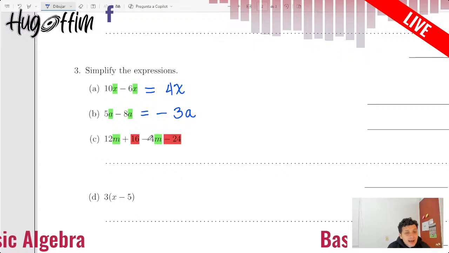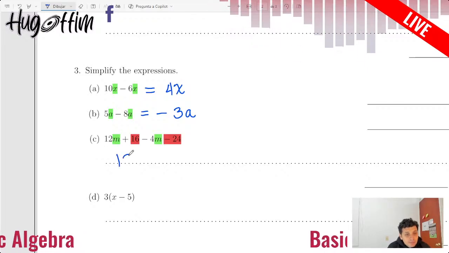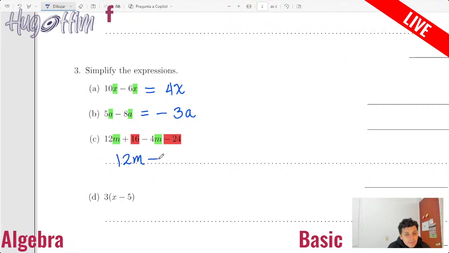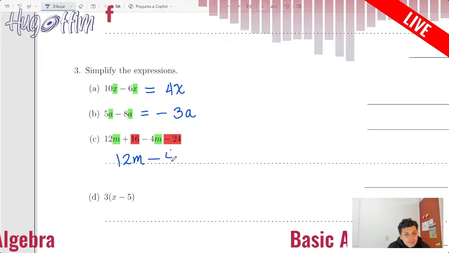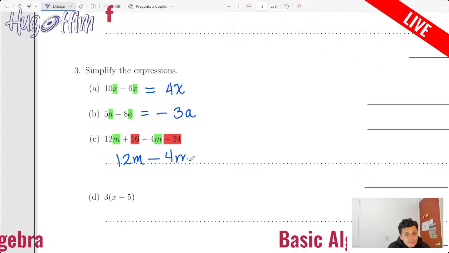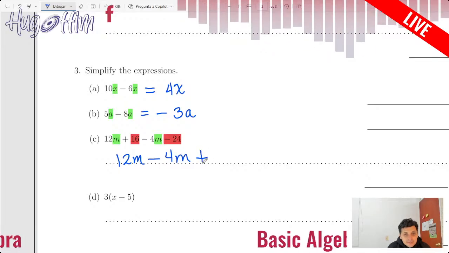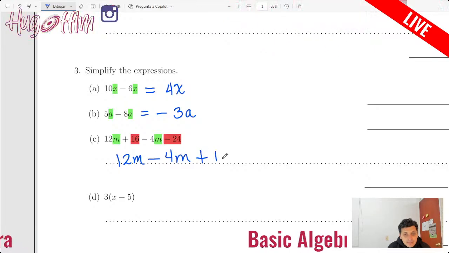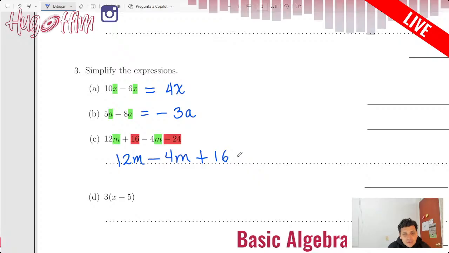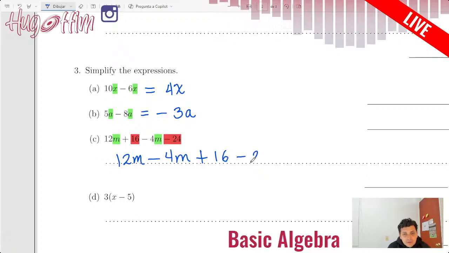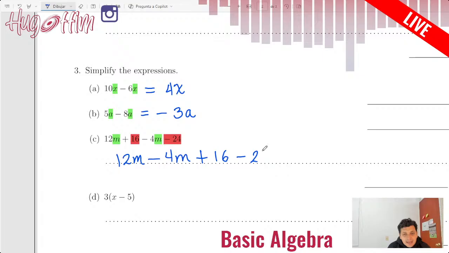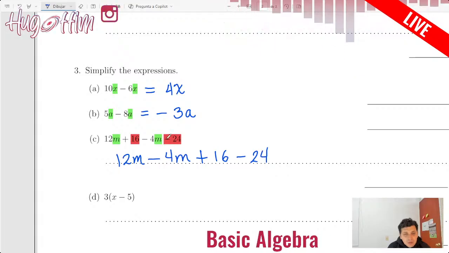I must add only the 12m minus the 4m, and I need to add the 16 minus the 24. Remember that the sign corresponds to the term as well.